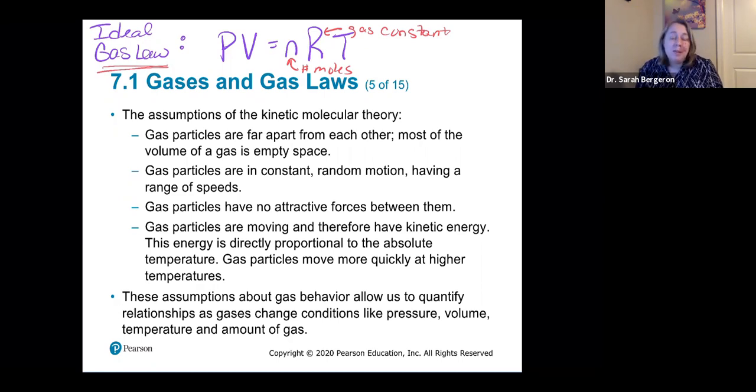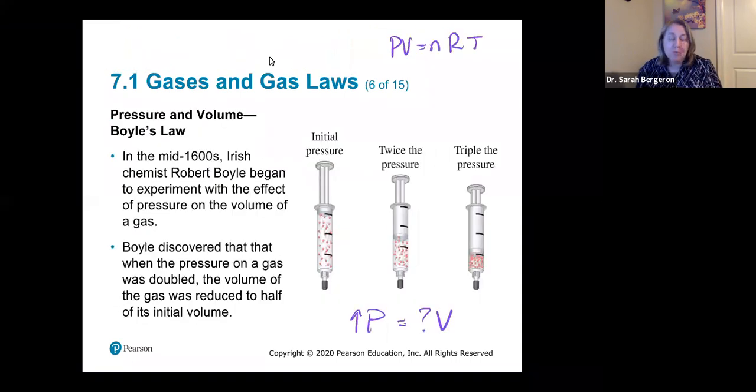The way to remember this formula is in your book, and it will be on the form that you get with your exam, but it'll make your life a whole lot easier if you know this without having to look. So this is called PIV-NERT. If you remember that, PIV-NERT, PV is equal to nRT. That will help you remember the formula because I want you to keep this formula in your mind the whole time we're in this section because it's really going to help you.